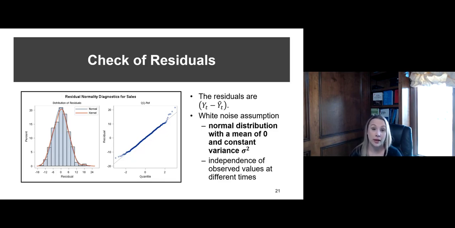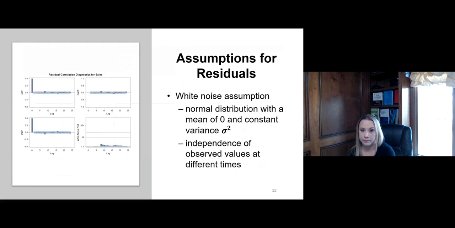We also want independence of errors, so we don't have any autocorrelation in our errors. Here we can also evaluate the white noise assumption, that the errors are random, by looking at the means of the errors, the variance of the errors, and the independence of observed values at different times.